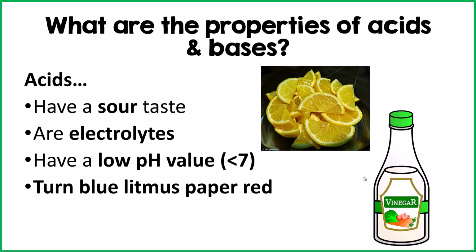They turn blue litmus paper red. Litmus paper is an indicator, and we'll talk more about indicators as well in this unit. And so when blue litmus paper comes in the presence of an acid, it indicates that by turning red.